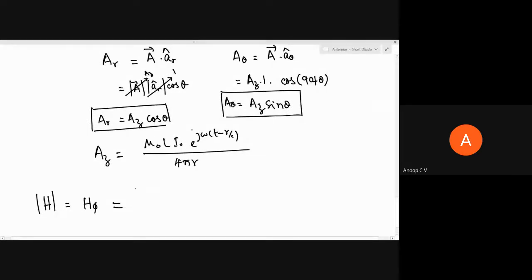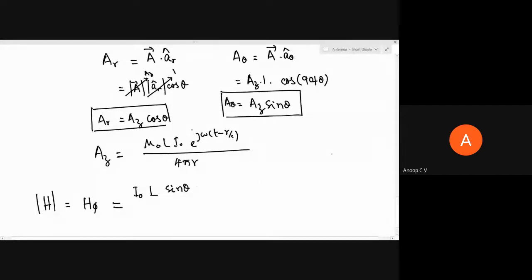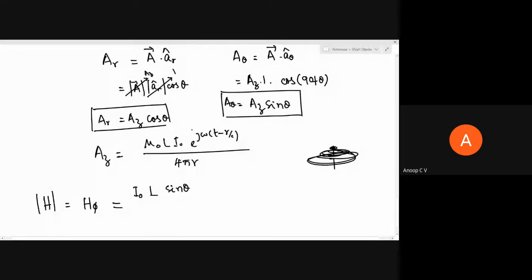it's proportional to I naught, and it's proportional to L. And it's a function of sine theta. So if you have a conductor open like this, the magnetic field at the ends will be less, and as you move towards the center, why?